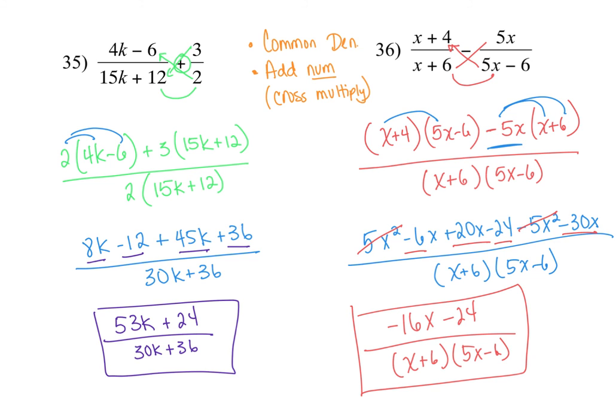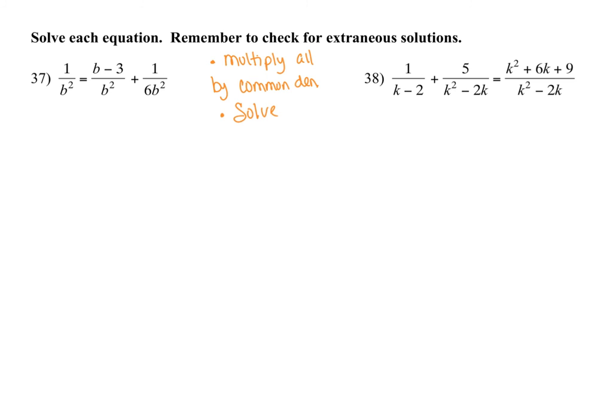I am finished. So for this, I gave you two different examples of what you could have for solving. Your goal is to get rid of all your denominators. So the first thing you need to do is find the common denominator between b squared and 6b squared. Your common denominator is 6b squared, right?